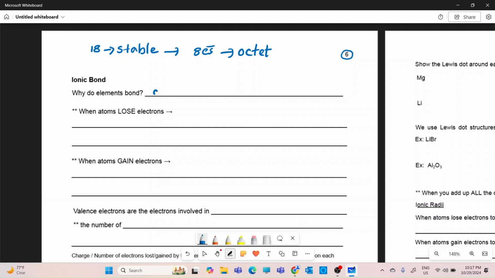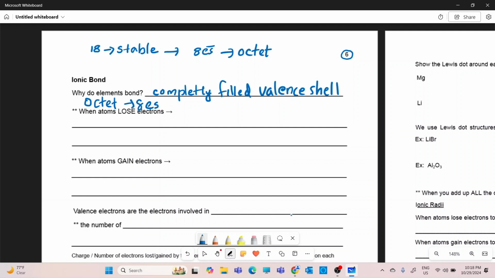You are going to write that there: for getting a completely filled valence shell. Or you can also write: to get 8 electrons, which is called an octet. So to get 8 electrons in the valence shell.